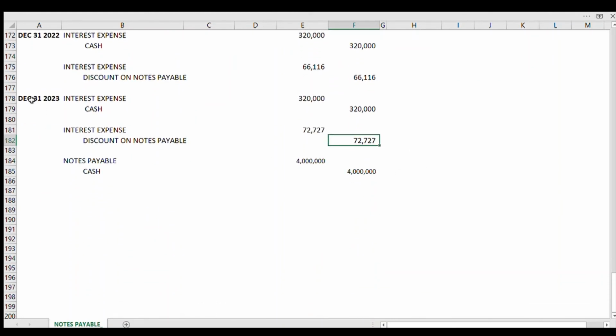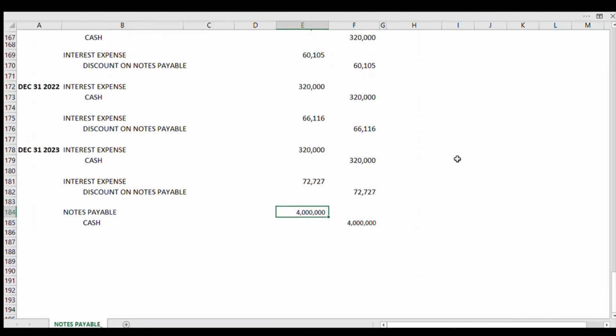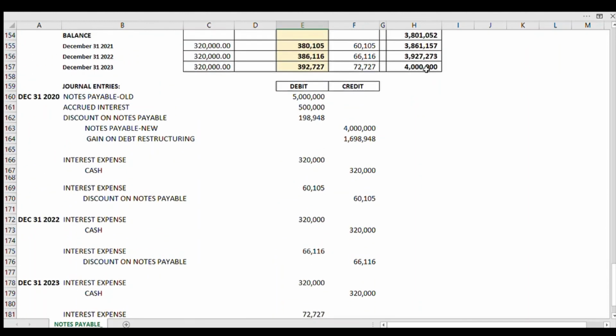And on the last entry, that is going to be the payment of the notes payable on its face value, no? Again, pagka nag-matured na at amortized na ang notes payable, no, the carrying amount will be equal to the face value of the note.